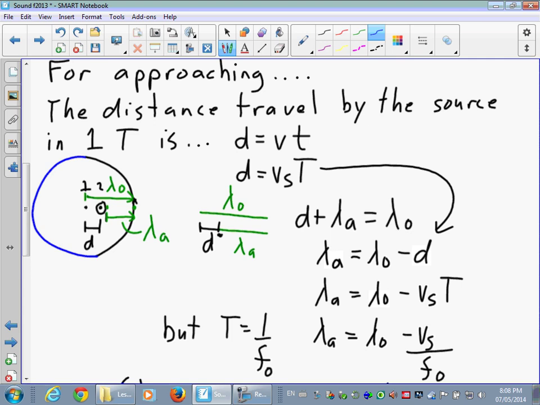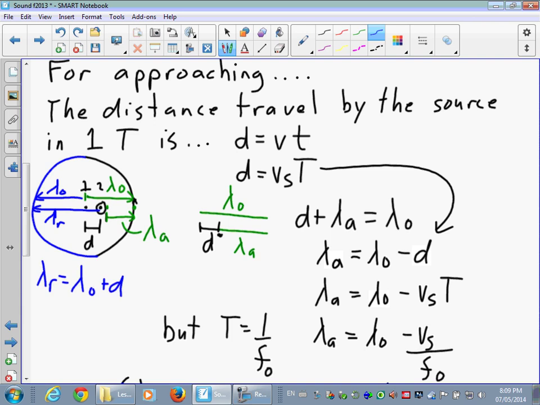So this is still lambda naught, but now this value here is lambda r. So when the object is receding, that's the wavelength that you're going to detect. So in this case, lambda r is equal to lambda naught plus d.